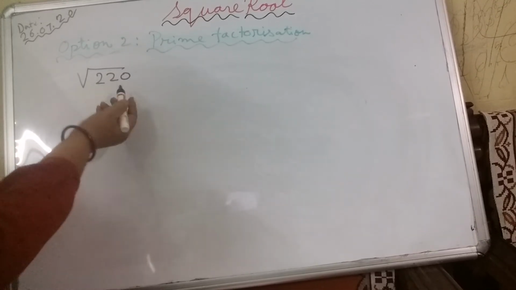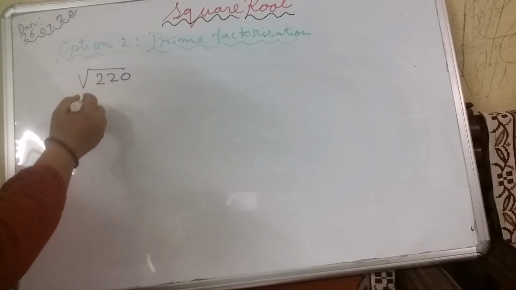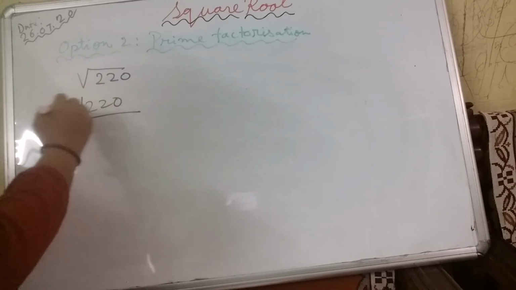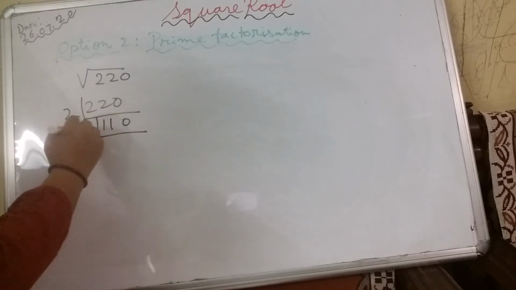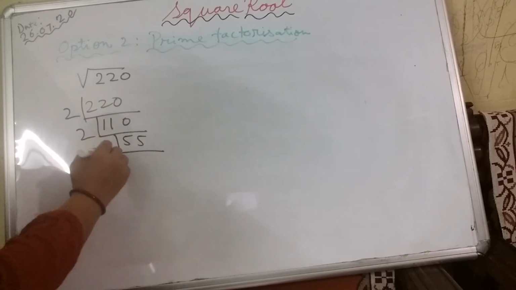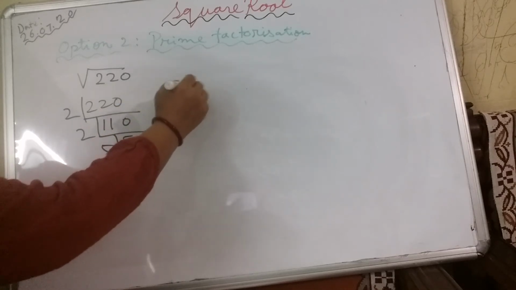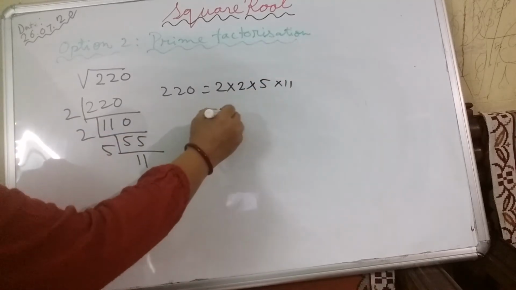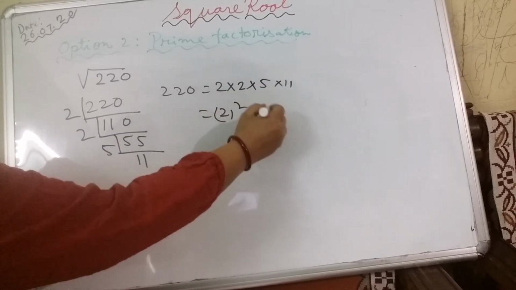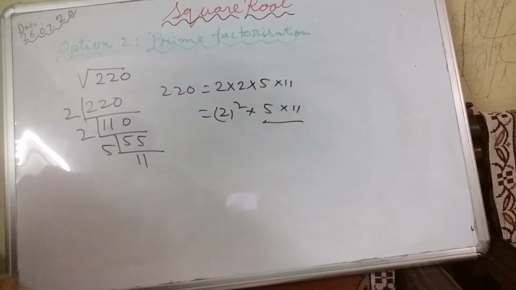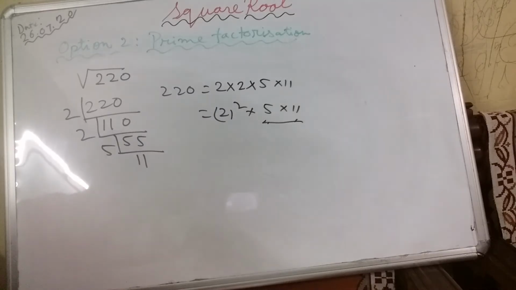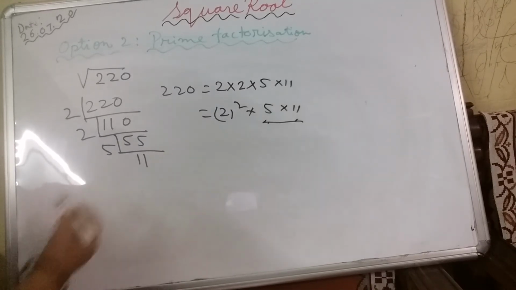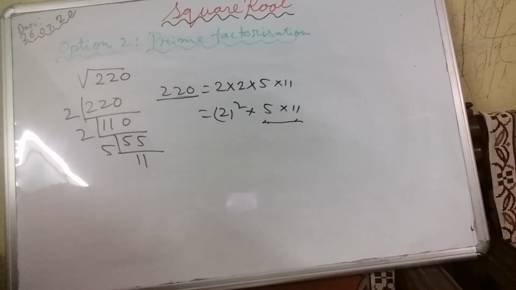So let's prime factorize it. 220 divided by 2 is 110, 55, 11. So 220 can be written as 2 into 2 into 5 into 11. Now 2 into 2 can be written as 2 square, but these you cannot write as a square because they are single, one time. So that means you can say this 220 is not a perfect square number.